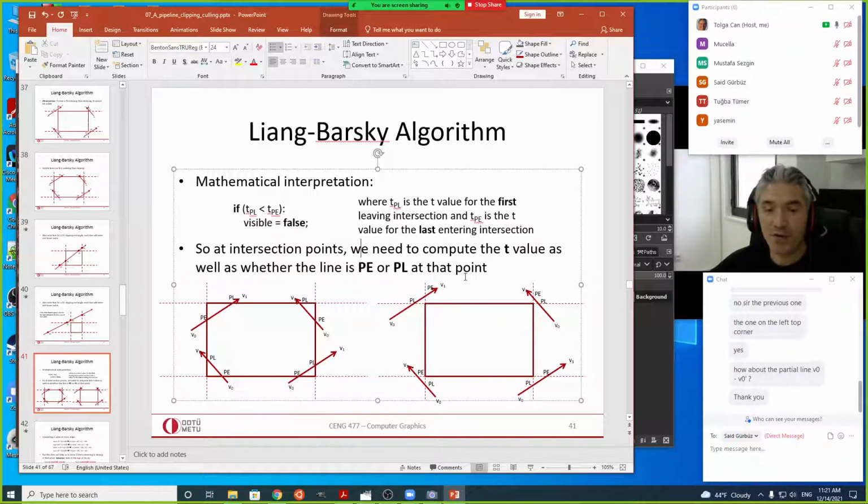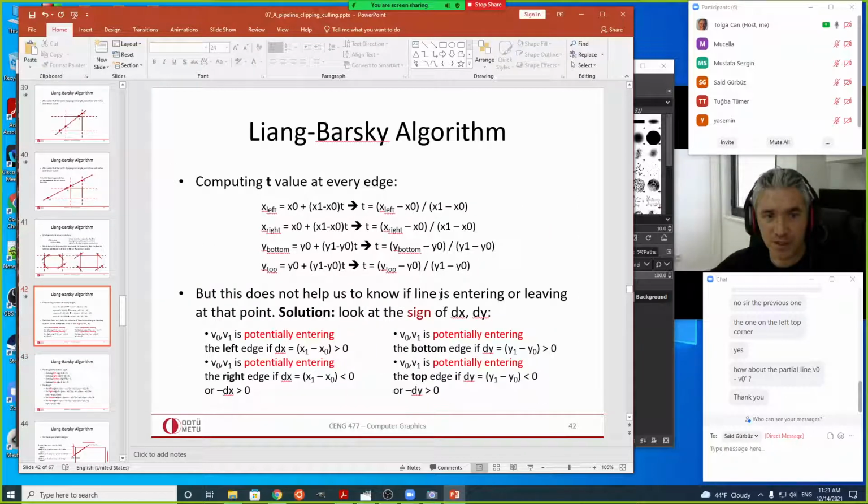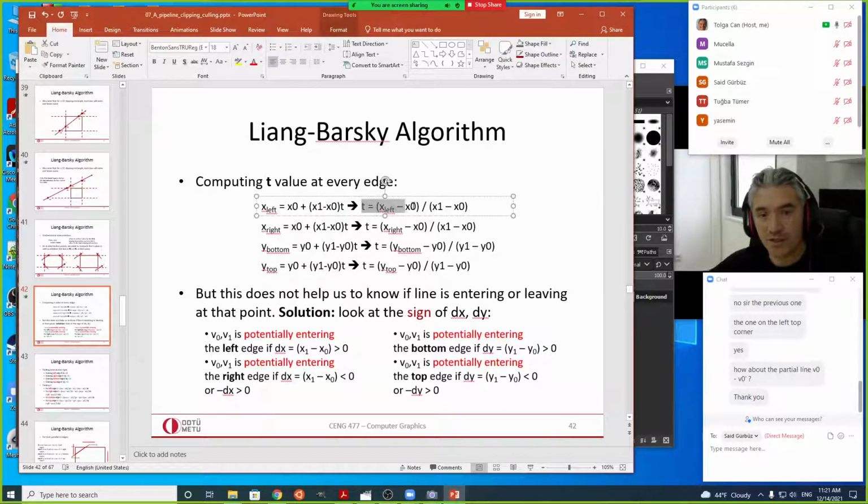So at the intersection point, in addition to these labels, PE and PL, for each boundary we also compute the t value. We actually compute the intersection of our line against all the clipping boundaries here. We compute the t value at every edge. For the left edge, this is the t value. For the right edge, this is the t value. So these are all intersections of our line with respect to all of the boundaries.